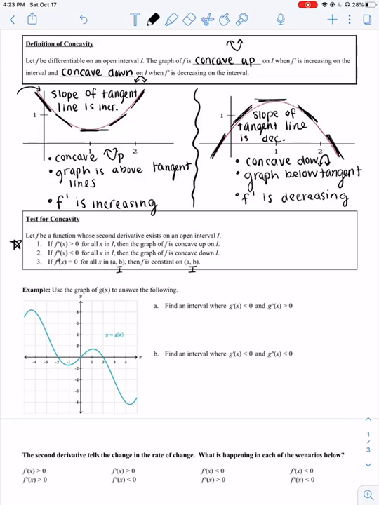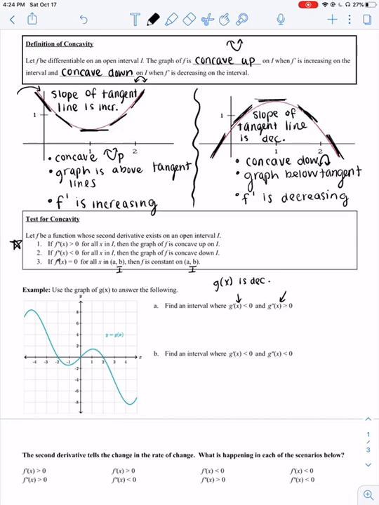Hopefully you remember from last class that when the first derivative is less than 0, that means your original function is decreasing. So when I see this, that tells me g of x, the original function, is decreasing. And then when I see the second derivative, I'm thinking about concavity. For the first derivative, if it's positive, it's increasing.